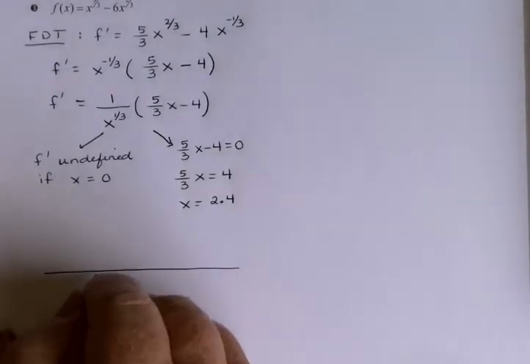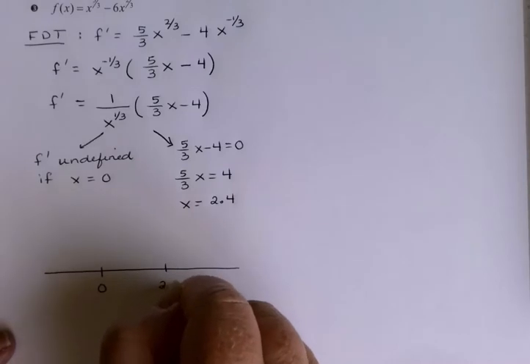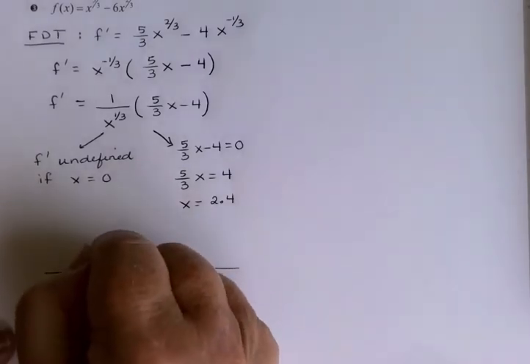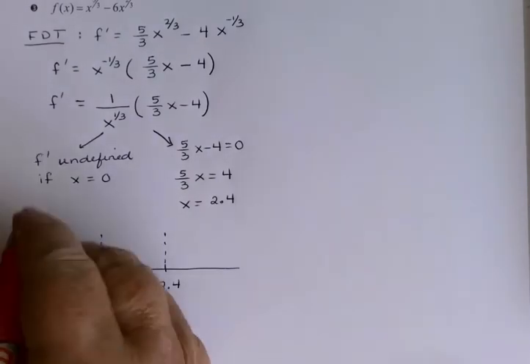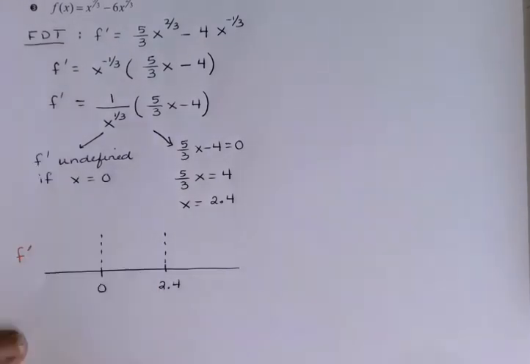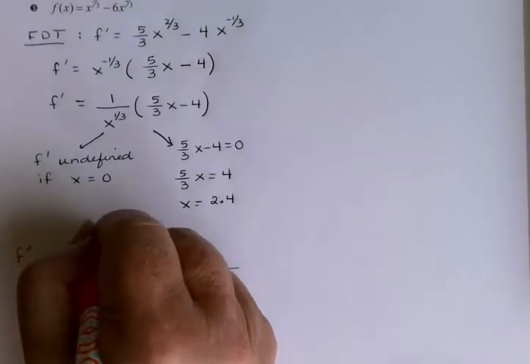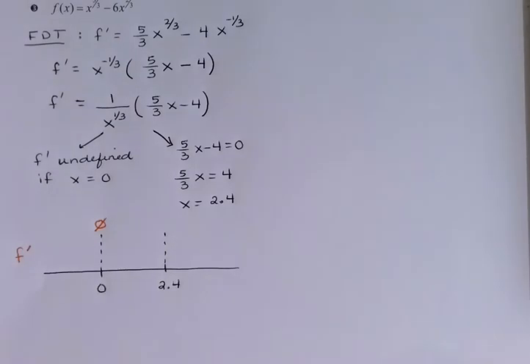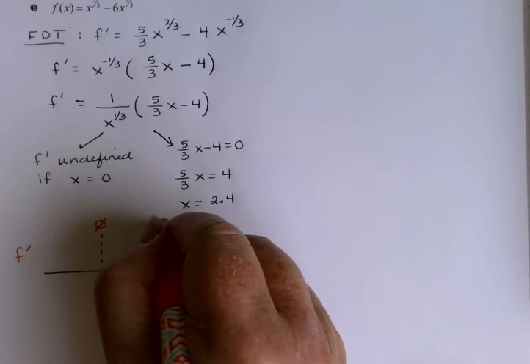So here's where we're going to test x equals 0 and x equals 2.4. At x equals 0, f prime is undefined. Well, at 2.4, f prime is 0.